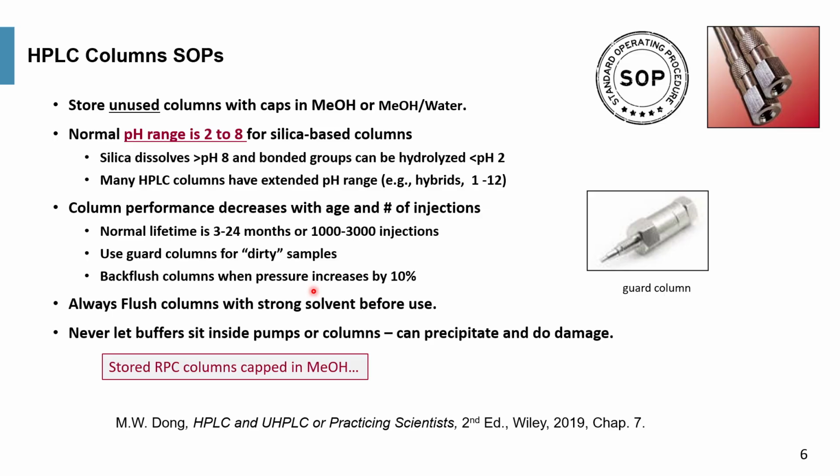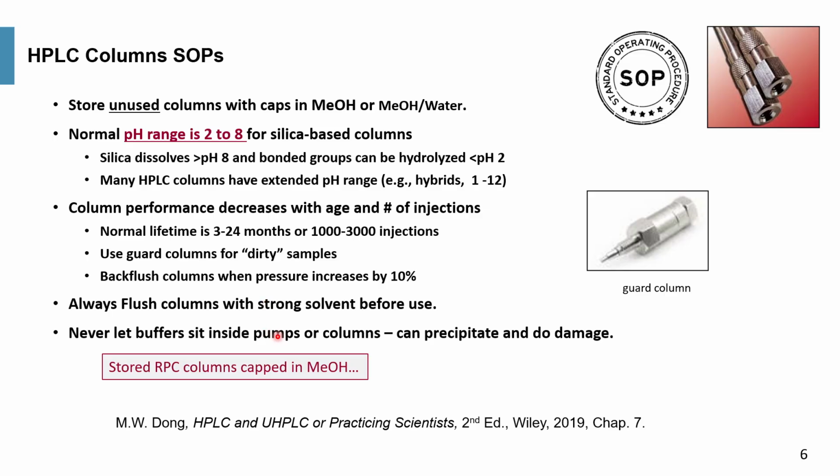Eventually, pressure will build up. One should not wait until the pressure builds up and the column becomes plugged. One should try to remediate it by backflushing the column at low flow rate when the pressure increases by up to 10%. Should do it immediately. Most columns can be backflushed without issues.